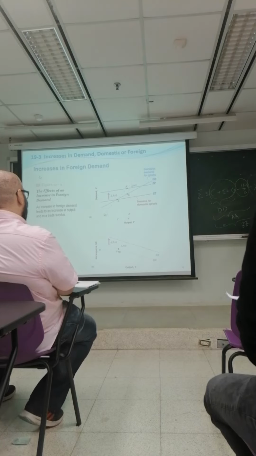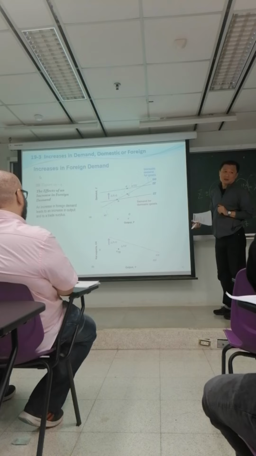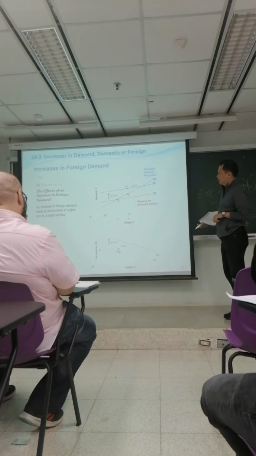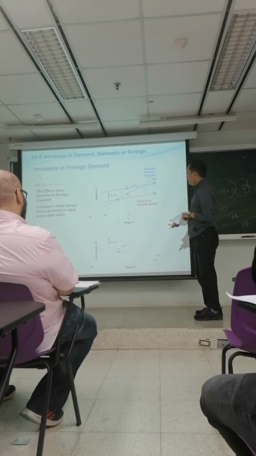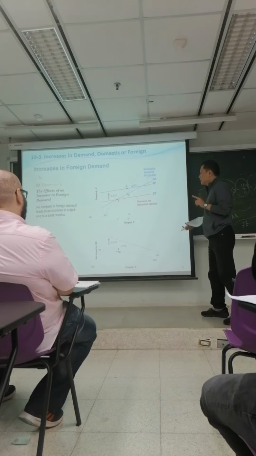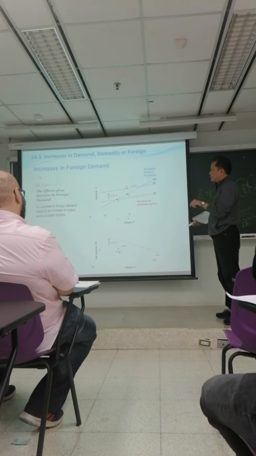Okay? So in the picture, we see that, right? ZZ line shift up by delta X. Okay, and let's assume that originally at point A, that is our original equilibrium, okay? Let's assume that originally we have trade balance.